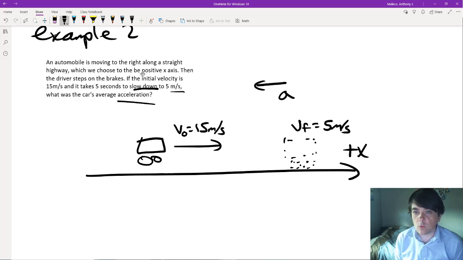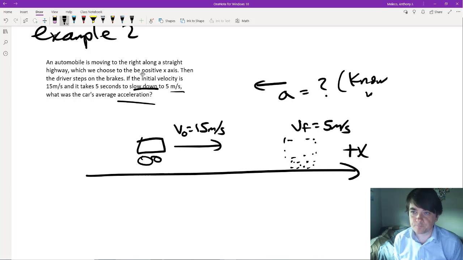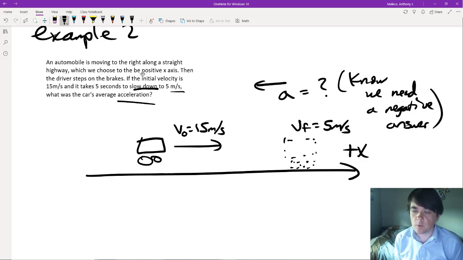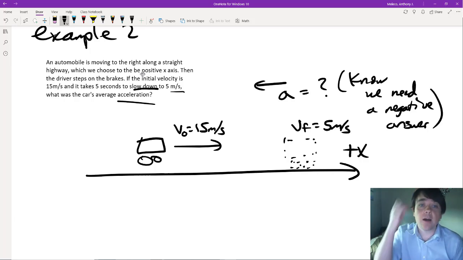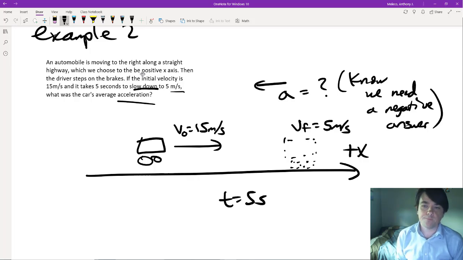So we don't know what the acceleration is, but we know it should be negative. Okay. So we'll just kind of pocket that information for later. The time it takes is 5 seconds. Okay.